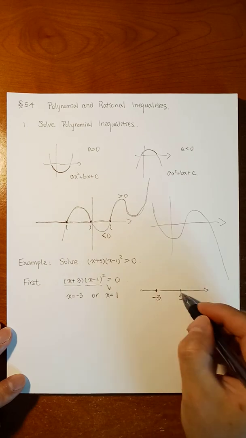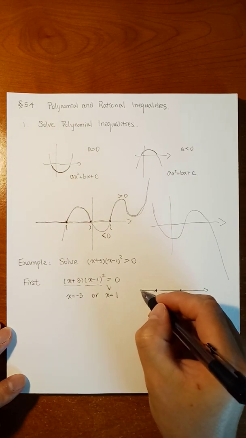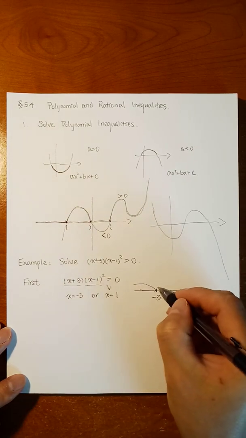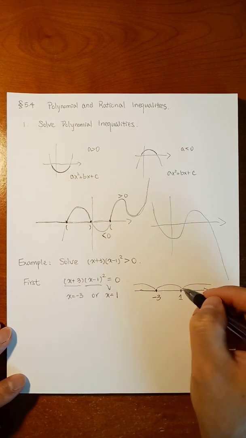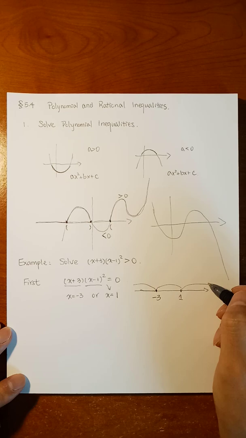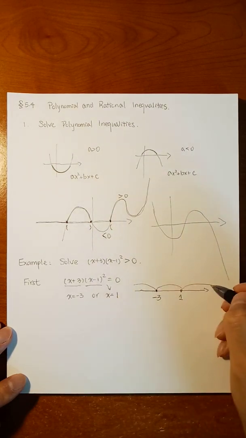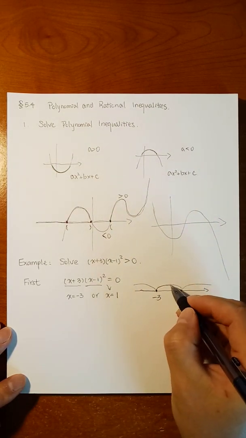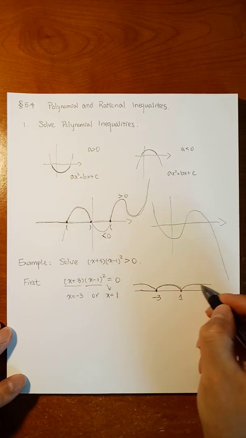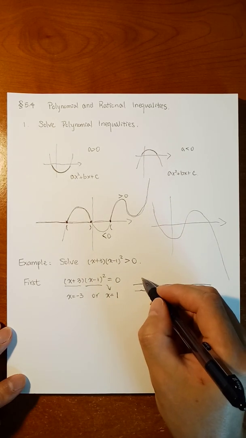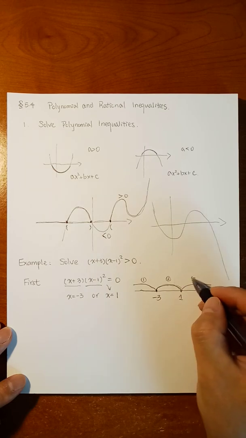If you have 2 zeros, you get 3 intervals. Well, this curve is not part of the graph of the function. I just want to use this curve to represent that we have 3 pieces. Okay, this is piece 1, piece 2, and piece 3.